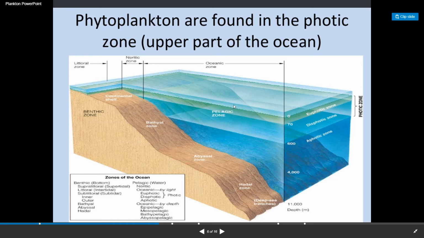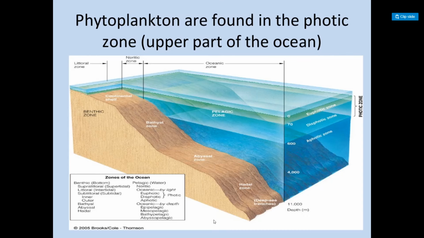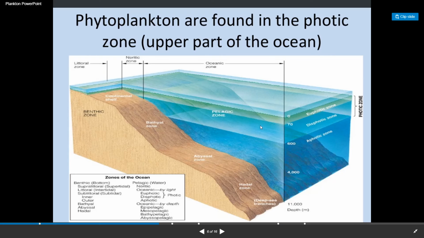Pelagic is anything in the middle. The photic zone goes down to here, and then you have aphotic, which is no light, dark, super deep, goes into your abyssal zone.